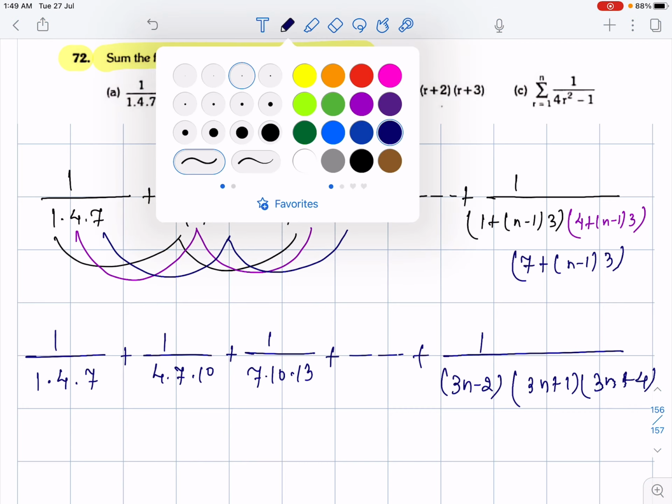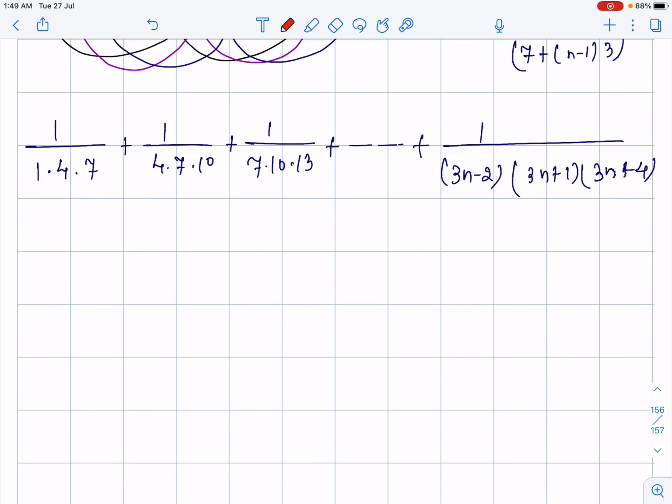We generalize the rth term, let us suppose tr, which becomes 1 upon 3r minus 2 multiplied by 3r plus 1 multiplied by 3r plus 4.